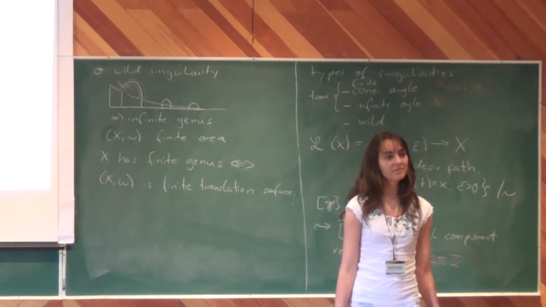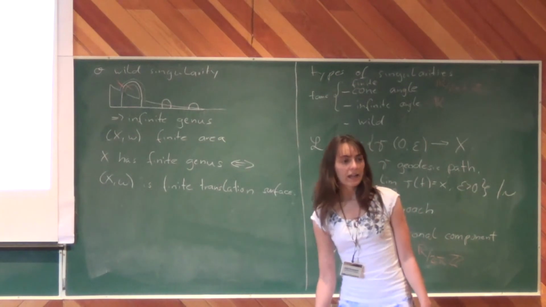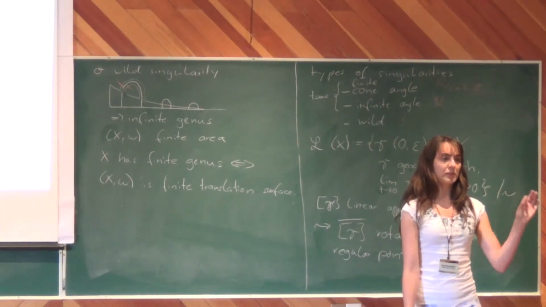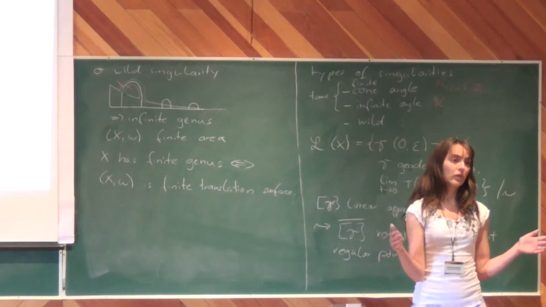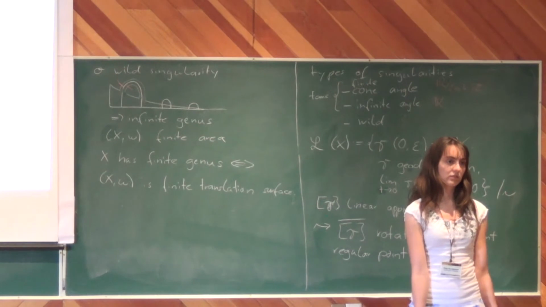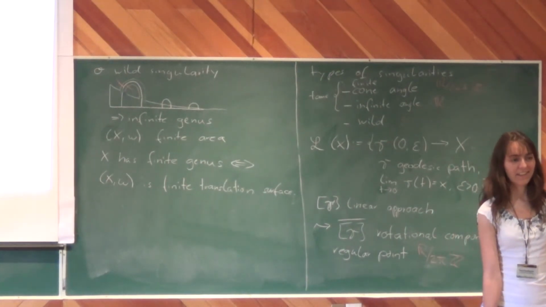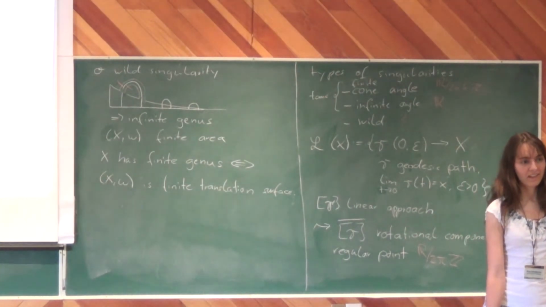Questions? In all the examples that you showed, the rotational components compared to the actual linear approaches were not significantly different. They were just closures of intervals or isolated points. Yeah, they are one-manifolds with translation structure. So you know the rotational components have to be S1 or R. So you can't have, for example, a rotational component that accumulates significantly more directions than the linear approaches.